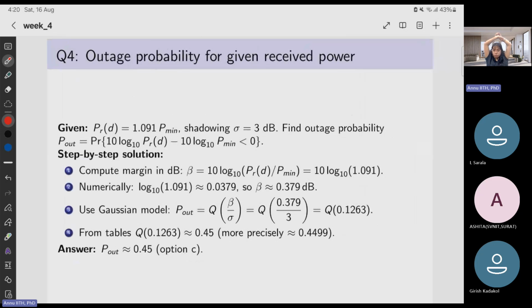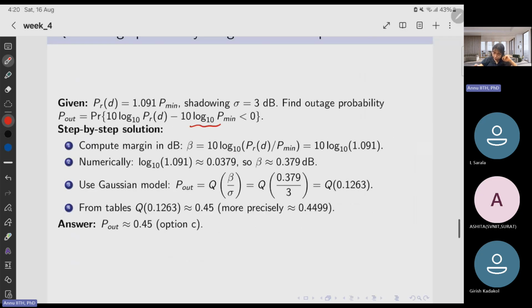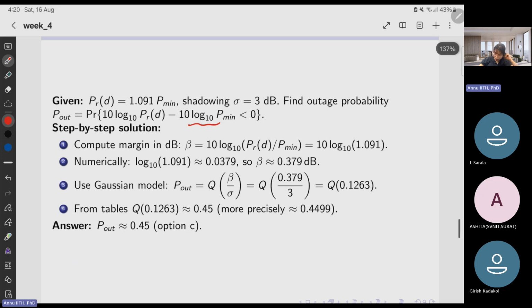So P out is equal to the probability of 10 log 10 PR of T minus 10 log of P minimum being less than 0, because this is the threshold. In that case, beta, which is the margin, is equal to 10 log 10 of PR of d divided by P minimum, which is 10 log 10 of 1.091. Numerically, it comes out like this.